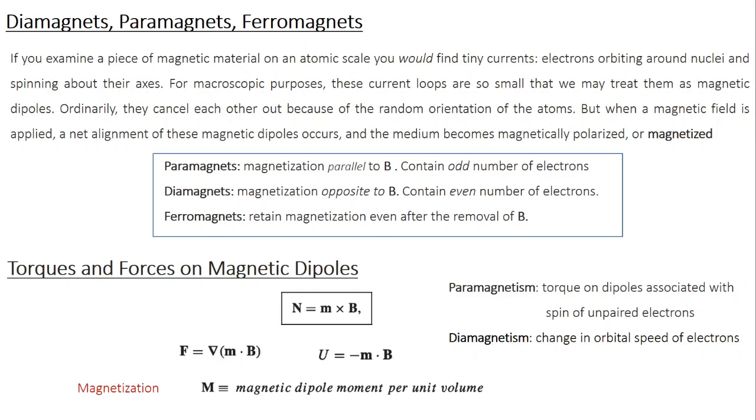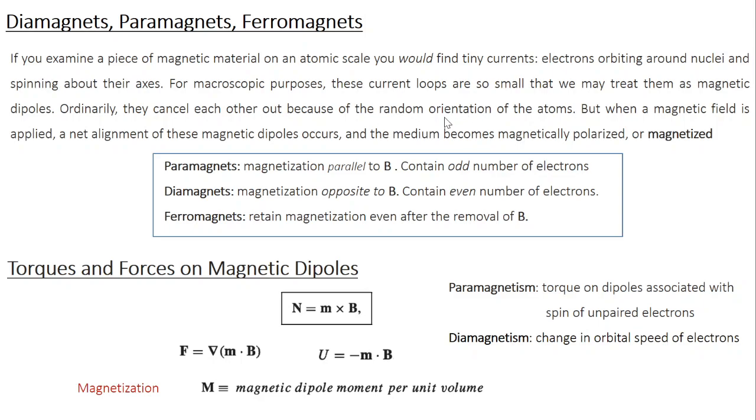Now, since every material consists of atoms, and inside every atom there are magnetic dipoles, can I say that every material is magnetic? No, right? Because you know only certain materials show magnetic properties. Now what is the reason? Because usually, even though every material has magnetic dipoles, they are aligned in random directions.